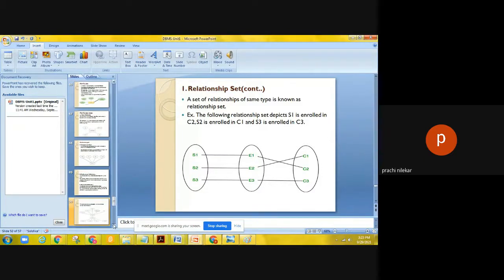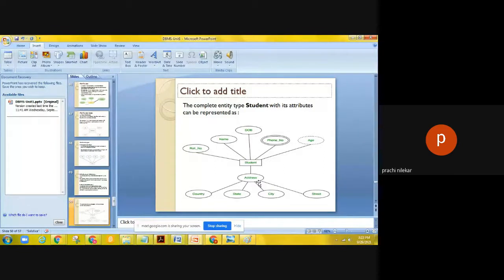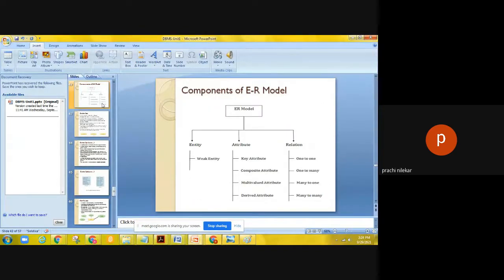Here, the type of address. Which type of attribute is address? Address is an attribute, so what is its type? Composite. Yes, composite. Correct.